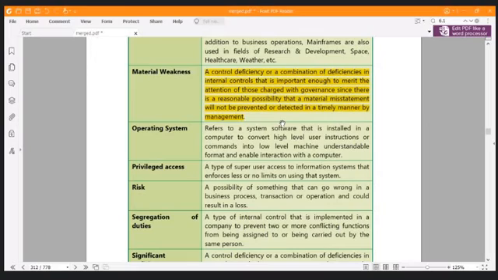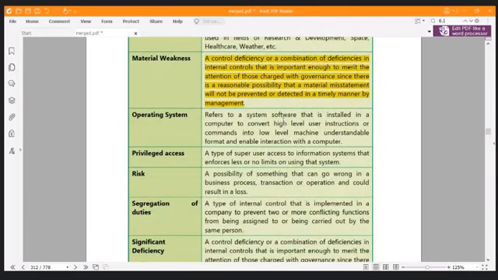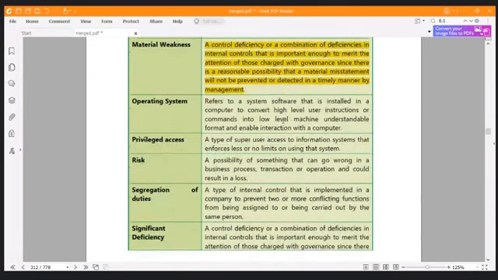So either it could have happened in the actual test of details, or because of the control deficiencies, there is a practical possibility that this could happen. That is also a material weakness.